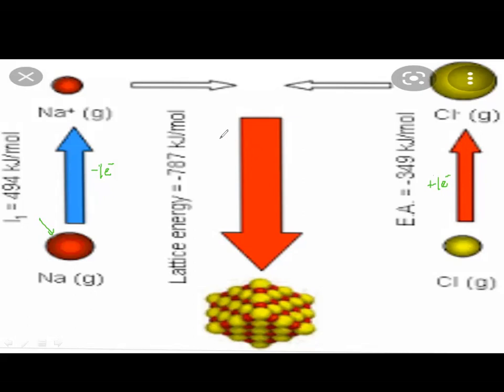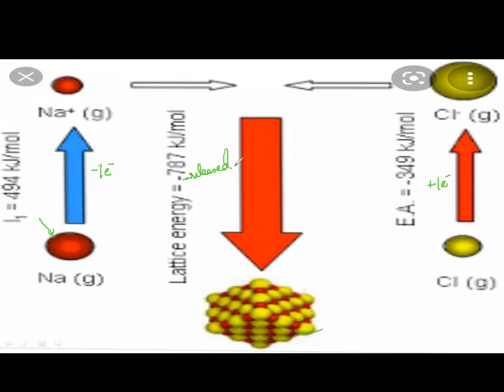Now when there is electrostatic force of attraction between the two ions, both of them combine and form an ionic crystal, and the lattice energy of the crystal is minus 787 kilojoules per mole. That means when both the ions combine, 787 kilojoules of energy is released.